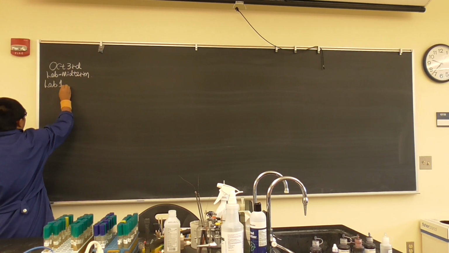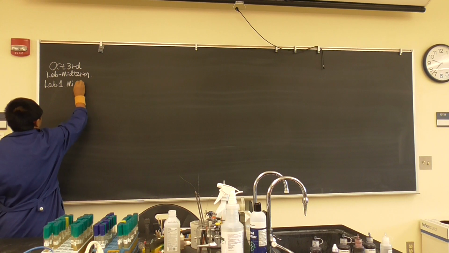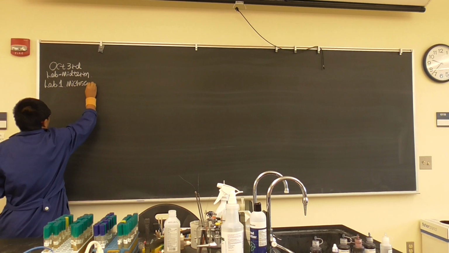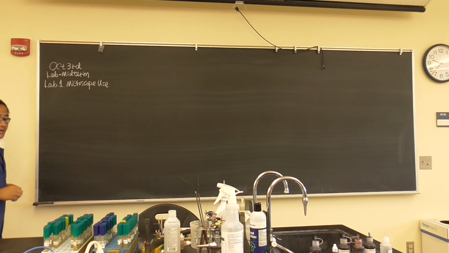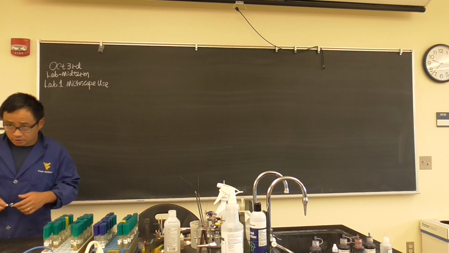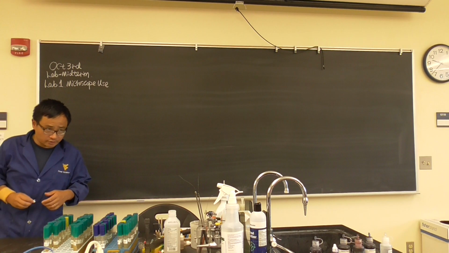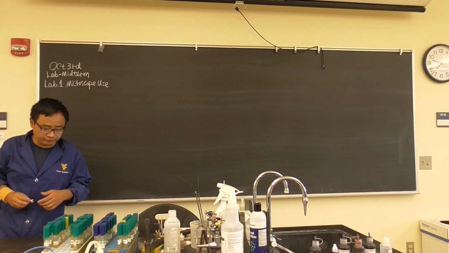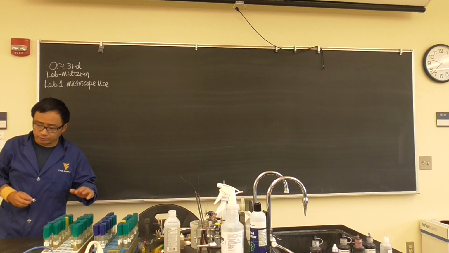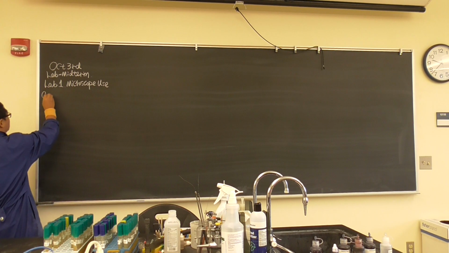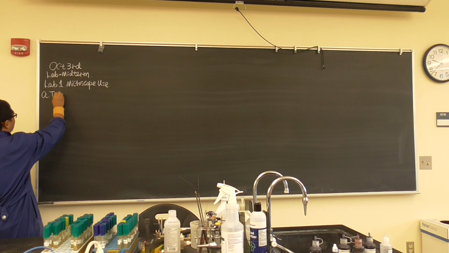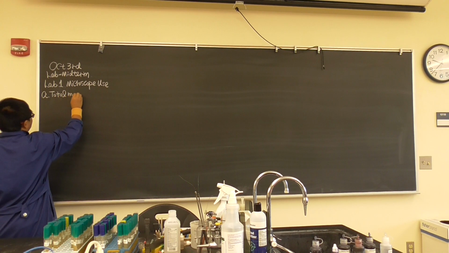Number one, lab one is microscope use. If you still remember, in microscope use we used a medium microscope, with Staphylococcus aureus and, I believe, Saccharomyces. We did the observation, so you need to understand several things. Number one, what is total magnification?